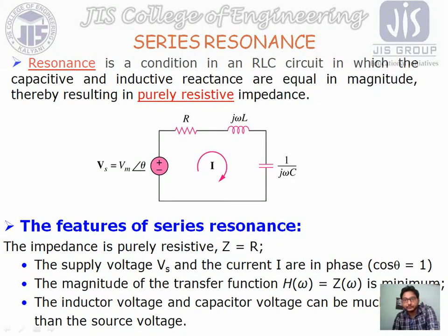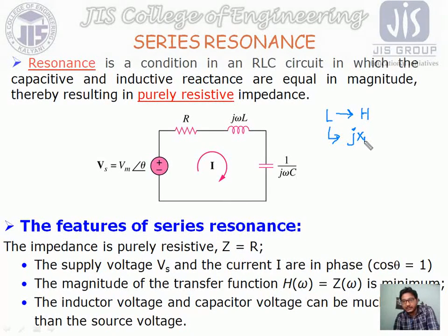And we know that for an inductor, the reactance is plus jXL. The inductance L has the unit Henry, and the inductive reactance is jXL.